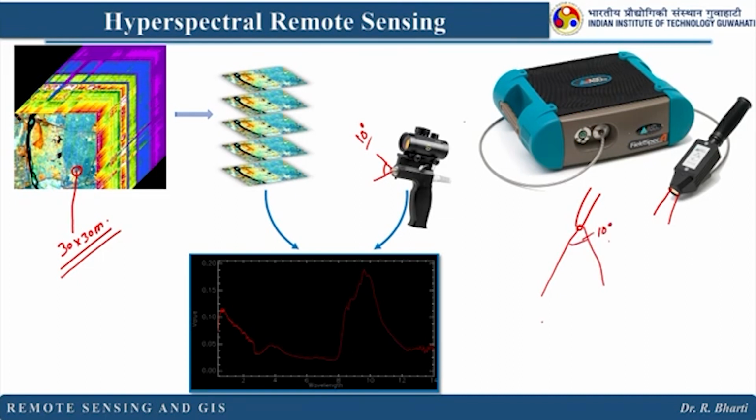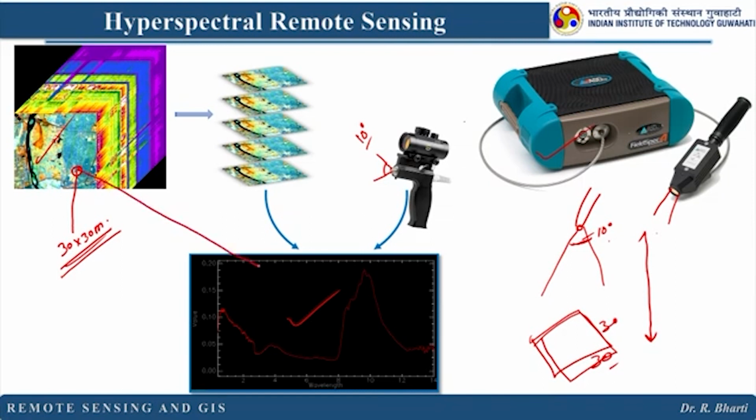Now, you have to cover this 30 by 30 meter ground. Why? Because you have to match this information measured from this particular instrument to this image. So, you have to make sure that you have calculated the height and this angle, and you make sure that this pixel size is 30 by 30 meter, because here also you are getting only one spectra for this 30 by 30 meter.